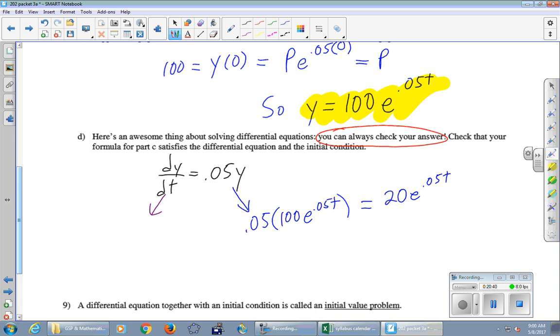The 100 stays, e to the stuff. What's the rule? E to the stuff times the derivative of the stuff. What is the derivative of that power? 0.05. And 0.05 times 100 is still 20. So indeed, the derivative of the thing we came up with is equal to 0.05 times the thing we came up with. So we have found a solution to the differential equation.